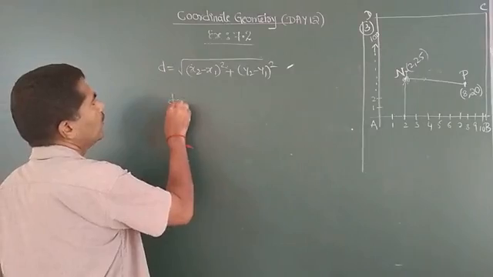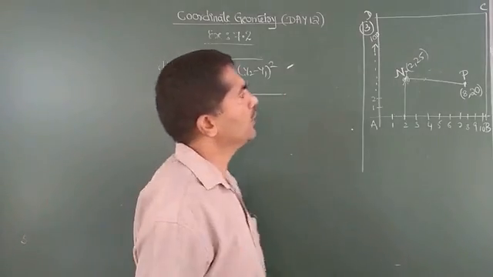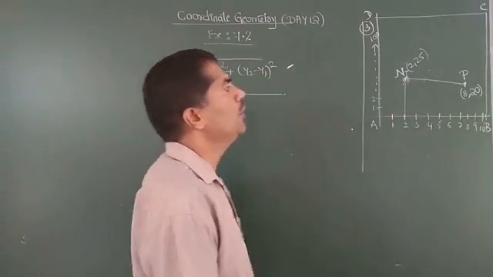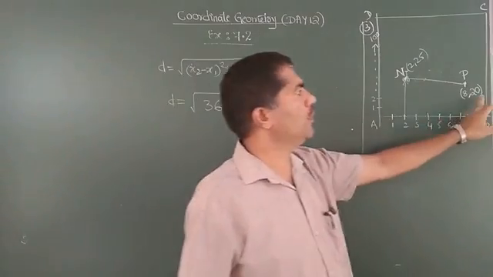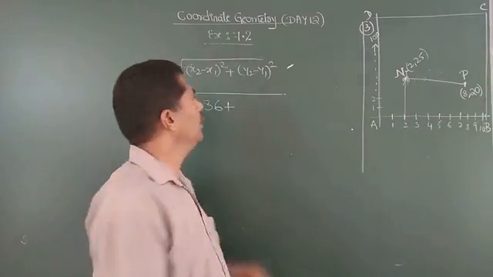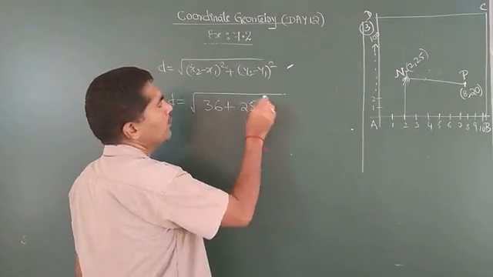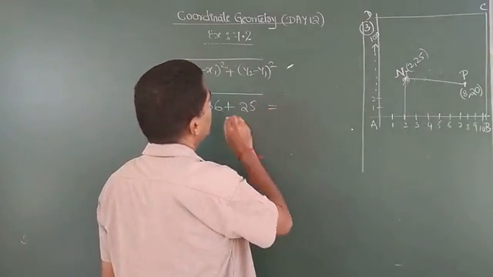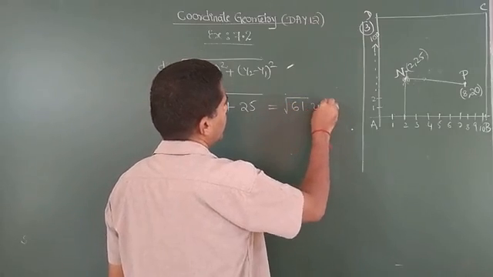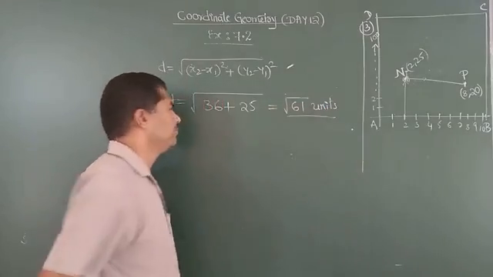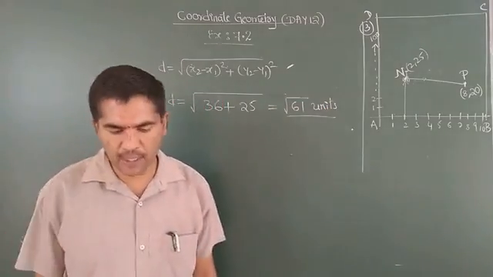Solution you can do yourself. d equal to root of (8 minus 2), 6 square is 36, plus (y2 minus y1), 20 minus 25, minus 5 square is 25. So you have got root 61 units, the distance between N and P.